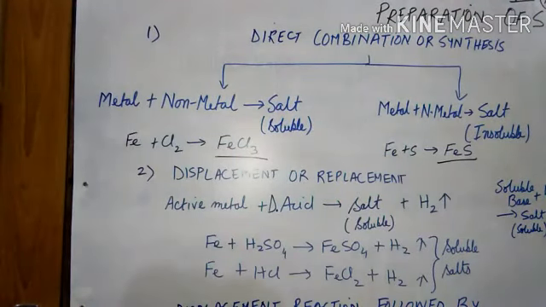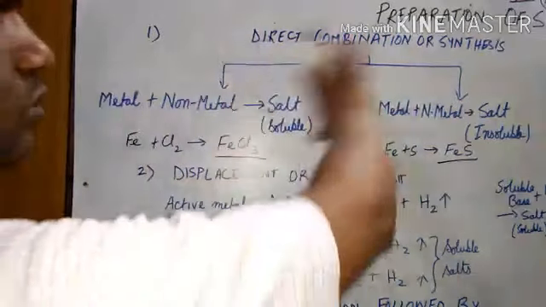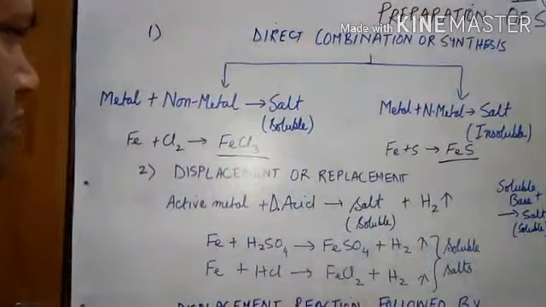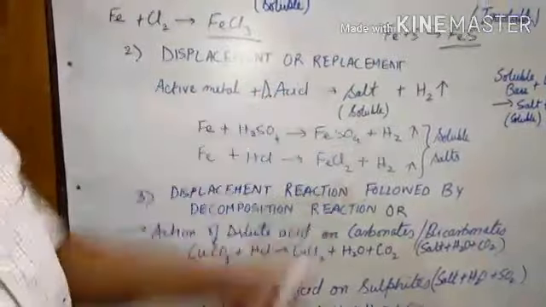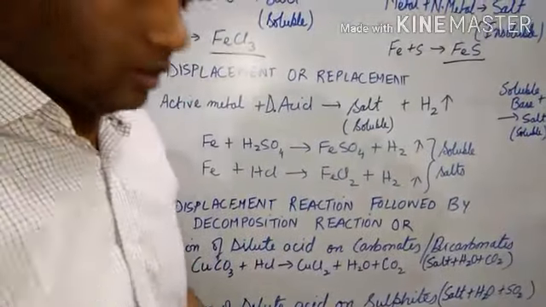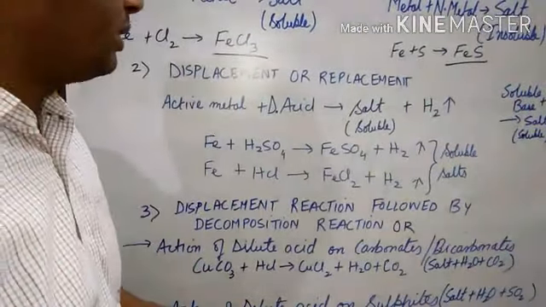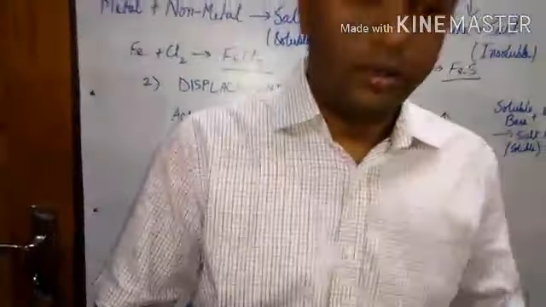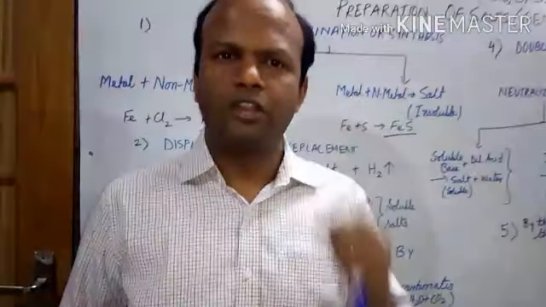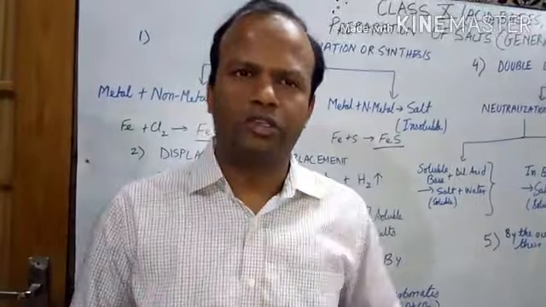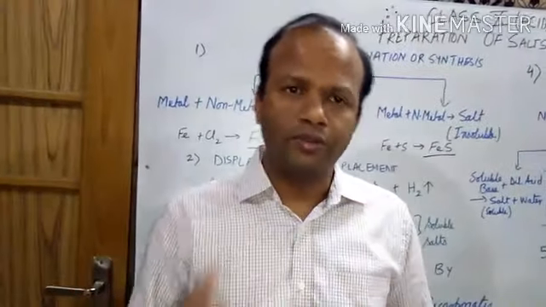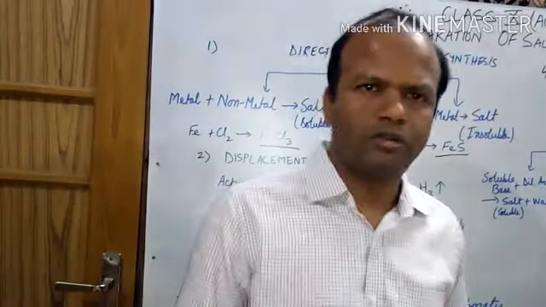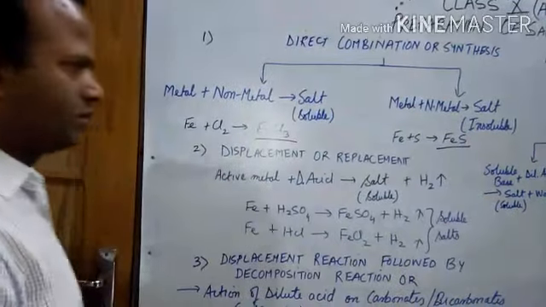Then we have, dear students, as it's given in the book very well, displacement or replacement reaction. Till now we have studied that displacement reactions are for the production of hydrogen gas or for the formation of salts, soluble salts basically.